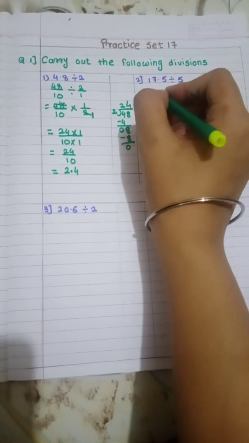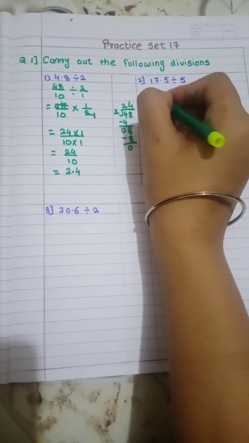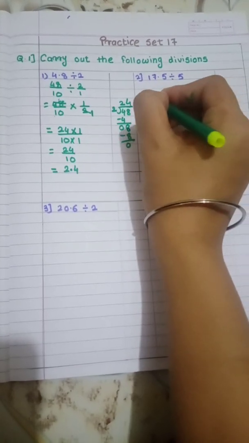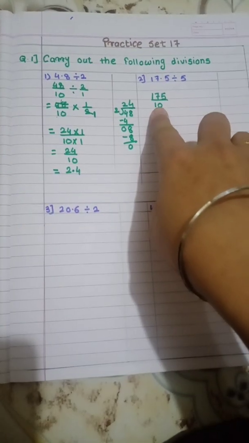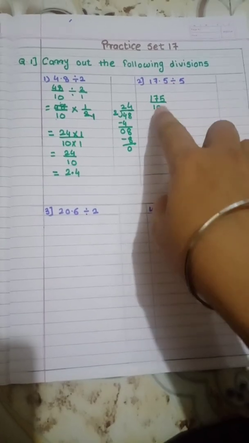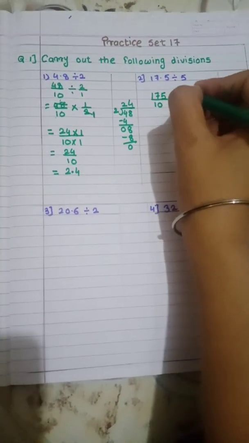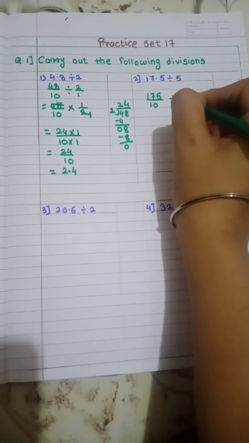First convert it into the common fraction. So I'll do it. 175 divided by 10. Why will 10 come? Because see here, after the decimal point 1 number, so 10, divided by 5 upon 1.